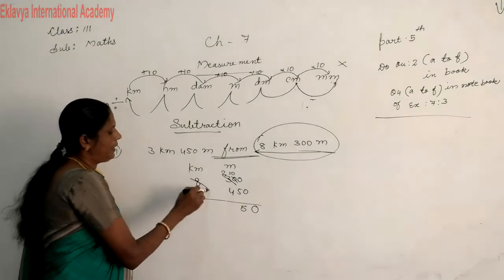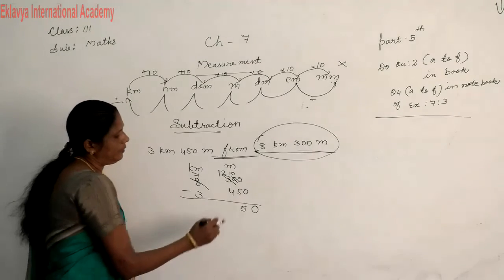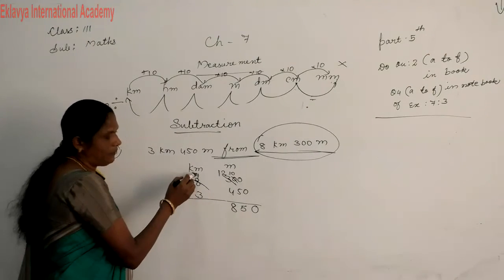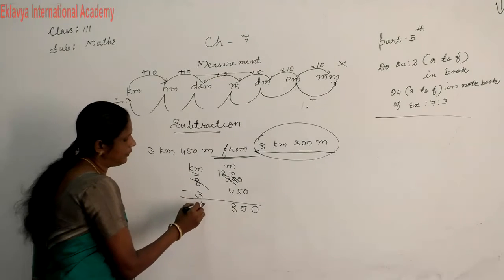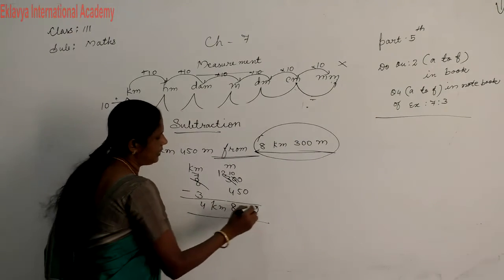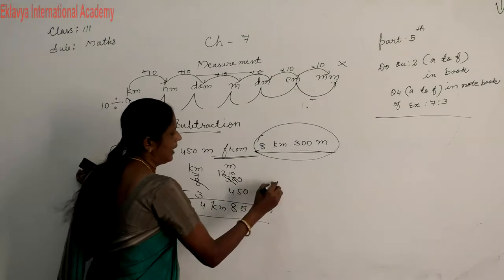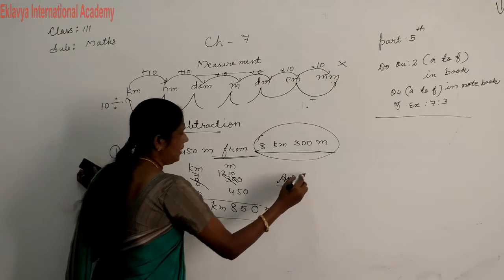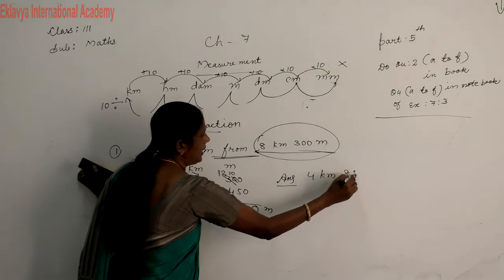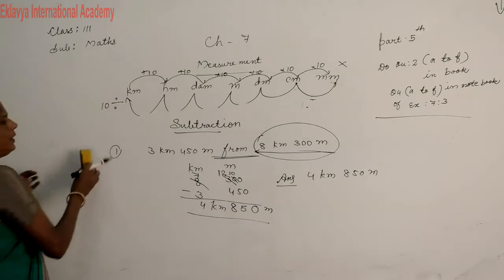No. We cut this 7, this is 12. Now 8. Then 3 take away from 7, you get 4. Our answer is 4 kilometer 850 meter. Understand? One more question.